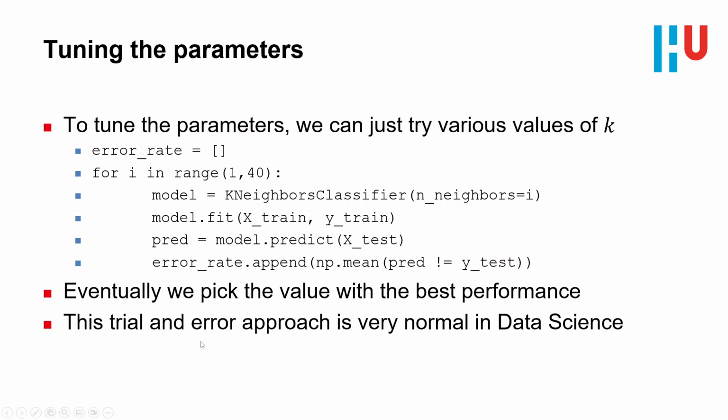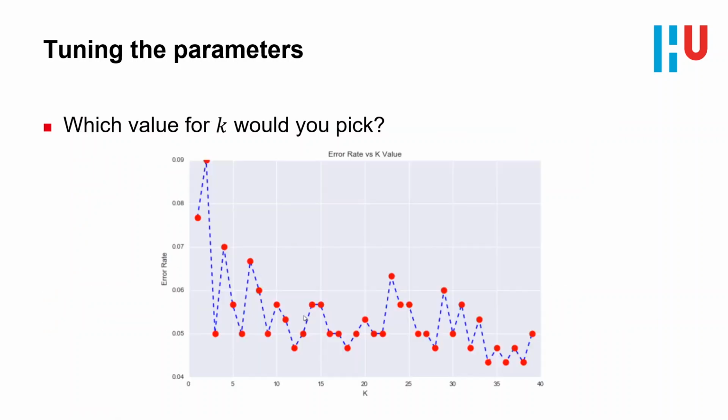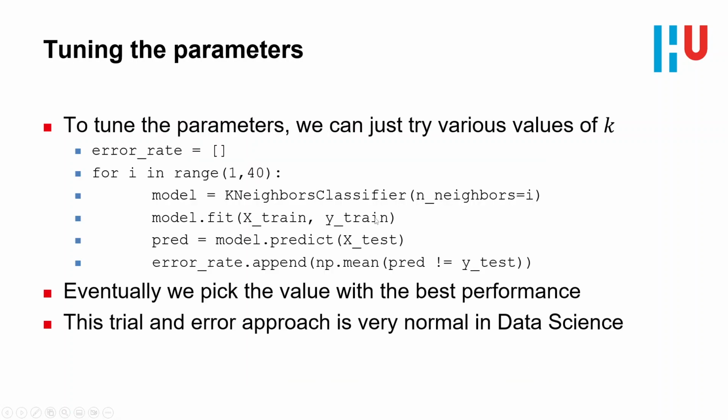It's a little bit of trial and error, right? But that's very normal actually. We just try and see if it works or not. So this is an example for a data set with KNN, where you can see the impact of different values of K. This evaluation you do with the validation set.